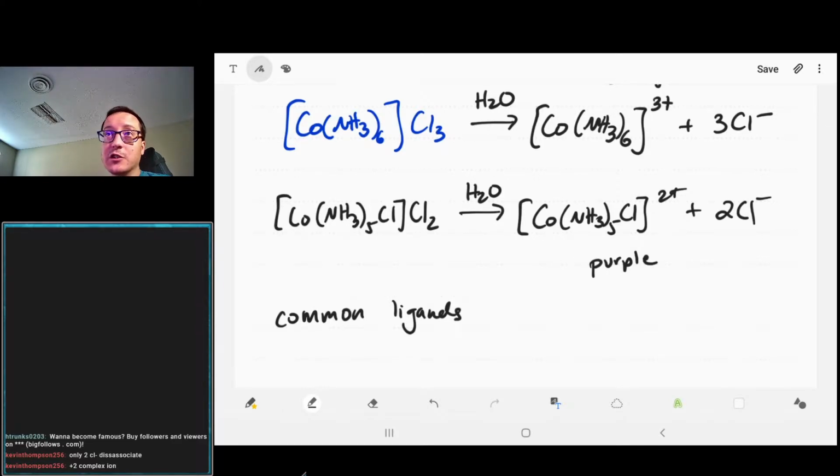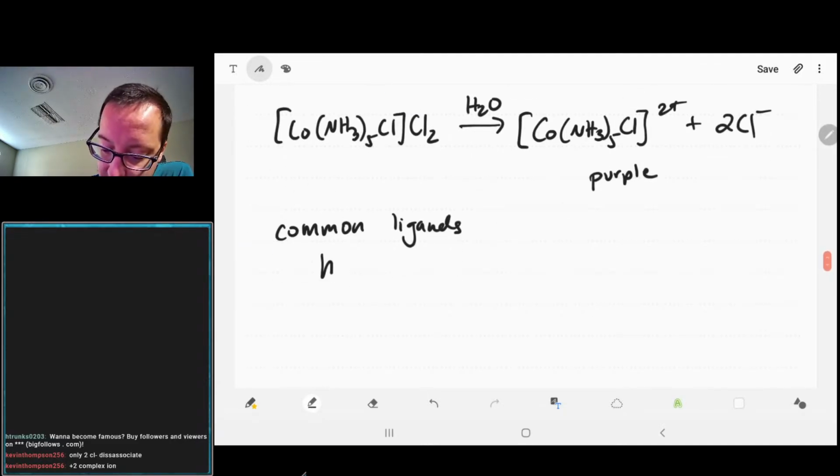Something that's negatively charged will have a lone pair, right? So we're going to see that that's going to be the case. So we have a lot of potential ligands here that we're going to talk about. And then we're going to talk about naming coordination compounds. So we have, of course, our halides.